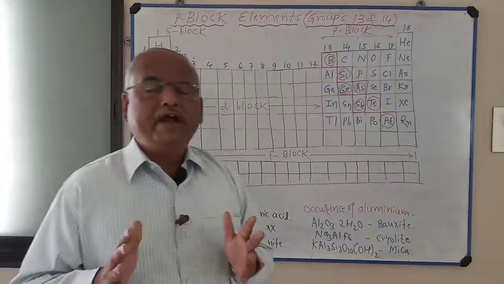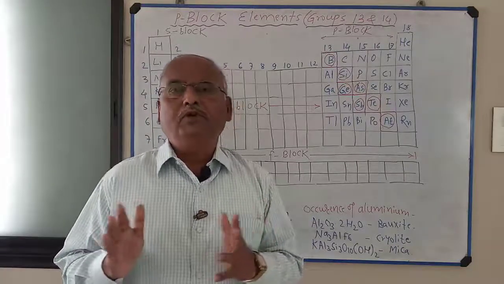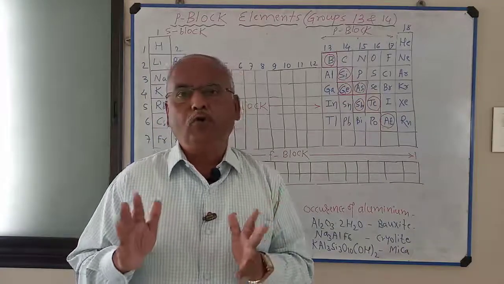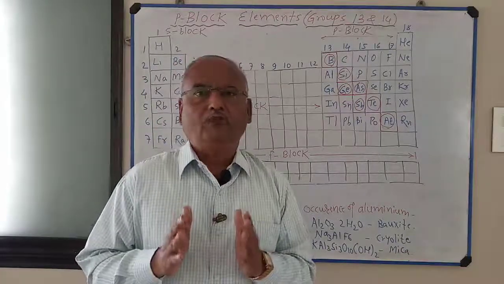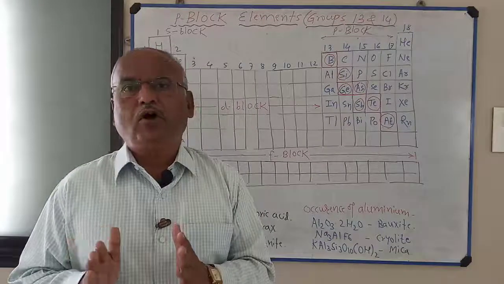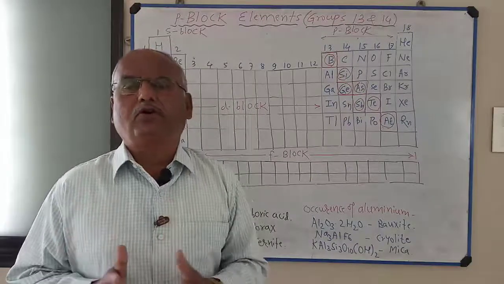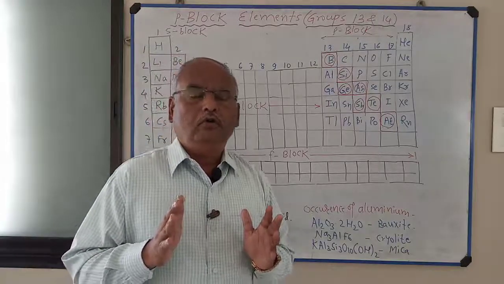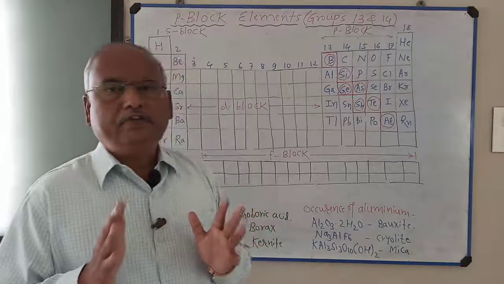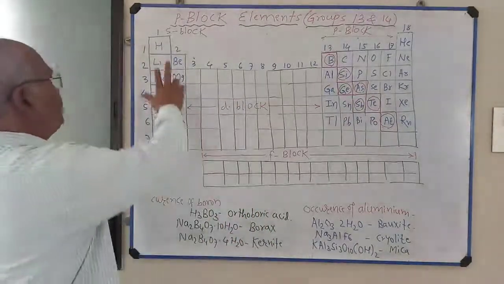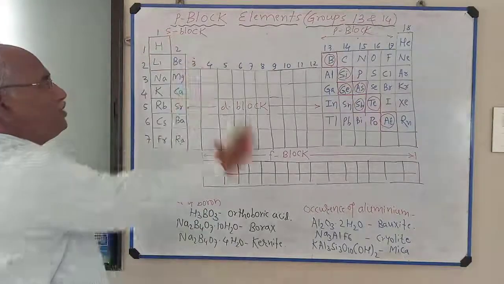You know that in the long form of the periodic table there are 4 blocks: S block, P block, D block, F block. S block elements are present on the extreme left of the periodic table.